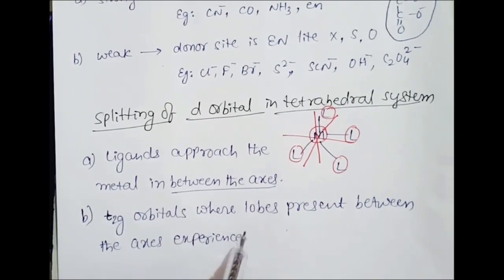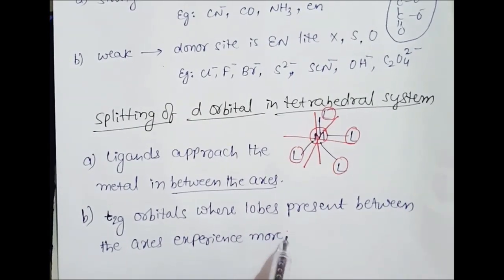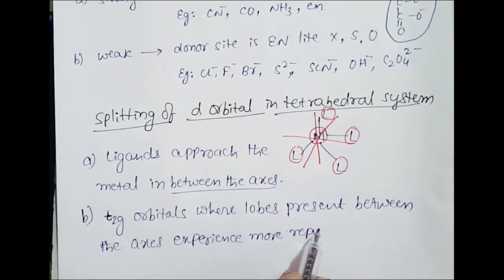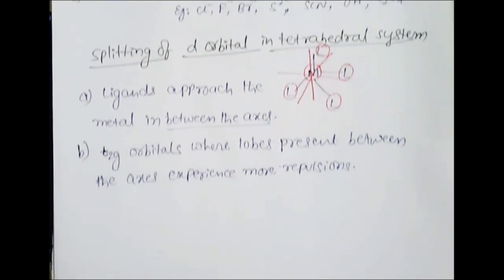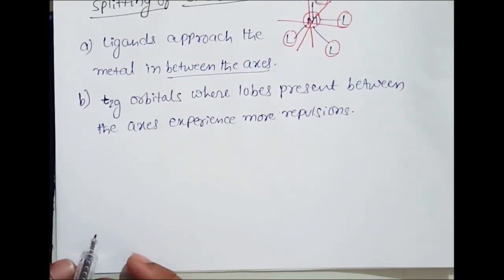Got it? So T2G will experience more repulsion and EG will experience less repulsion, which is opposite to the previous case. Okay, so now how can we show the splitting diagram?